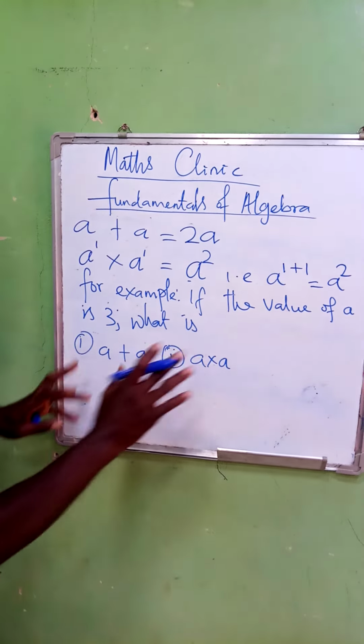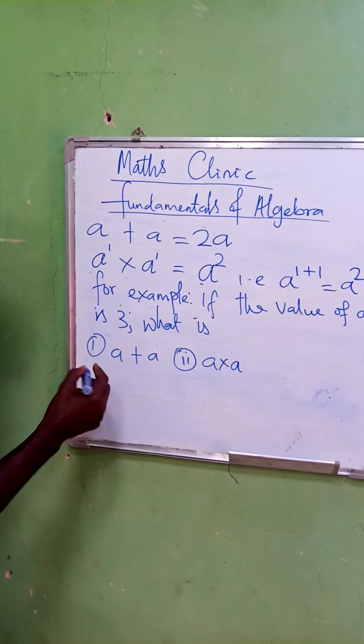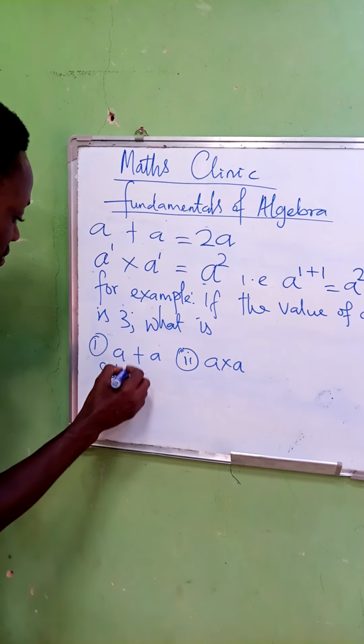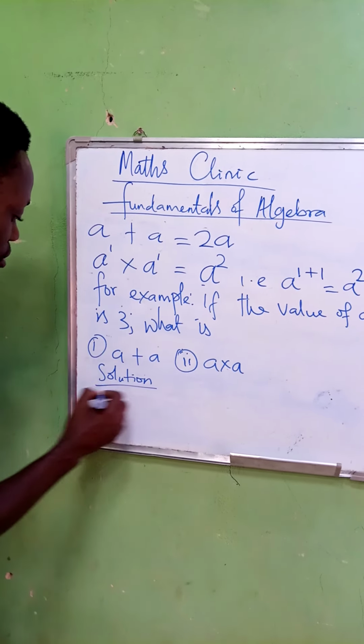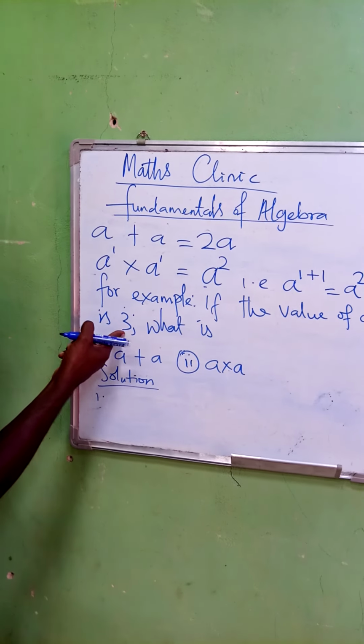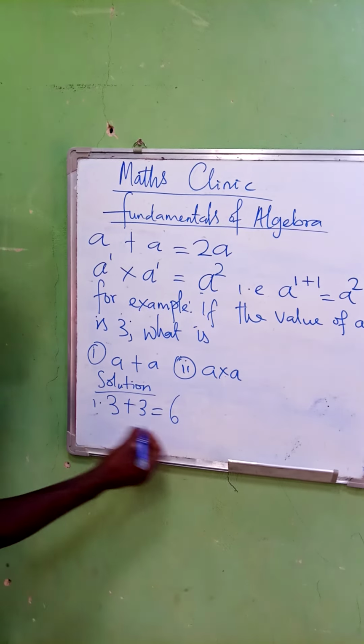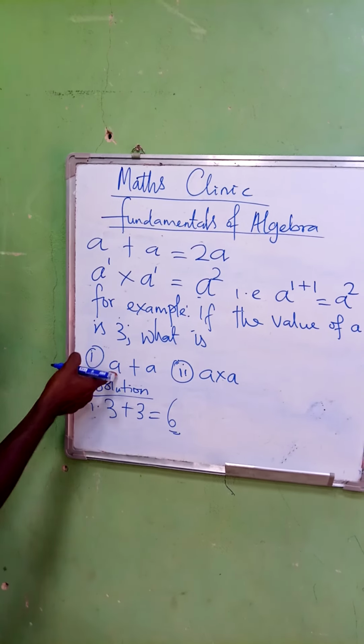Okay, now we stick to this first. Where we have a to be 3, if a is 3, then the solution will be, for number 1, what's the value of a? The value of a is 3. Meaning 3 plus another 3, that gives us what? 6. That is the answer for question number 1.